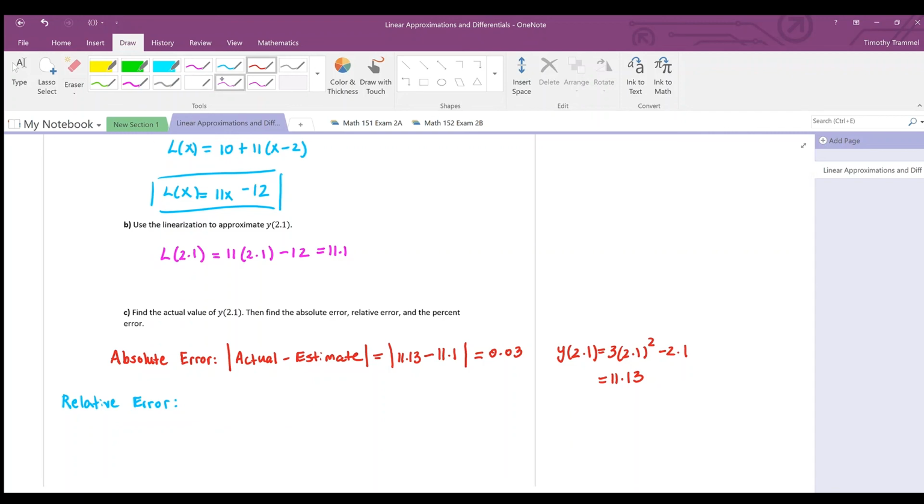So what that would look like then is actual minus estimate over actual. All right, and so if we do that, well, we have the 0.03 already on top, and the actual was 11.13, and so this gives us a relative error of approximately 0.02695.